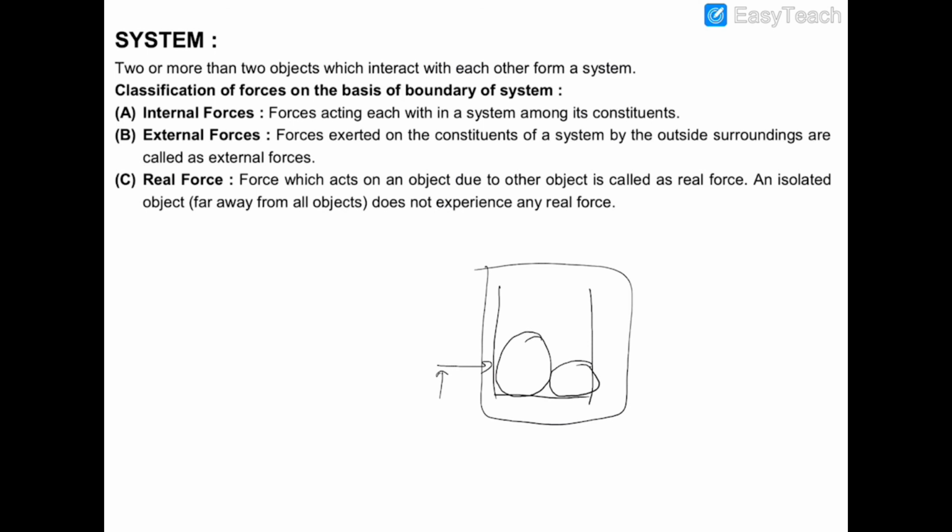The real force is the force which acts on any object due to some other object. If some body is isolated, which means it does not have any other body nearby, then it cannot experience a real force, because a real force is exerted by some other body on the object. So this is the system.